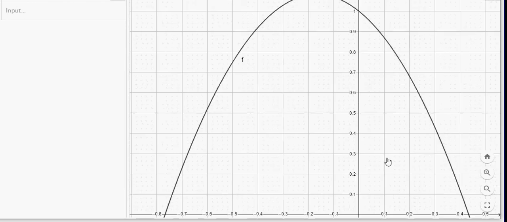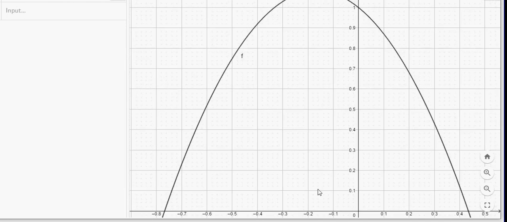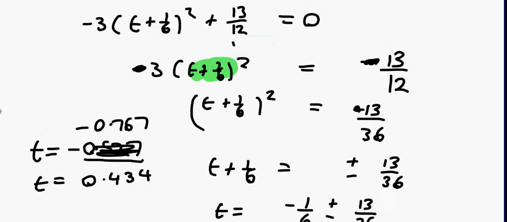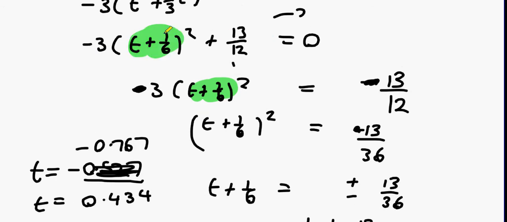Now, what's minus 1/6 in fraction mode? Because if you look at my equation here, what makes it 0? What makes it a minimum? Oh, sorry, it's all the way up here. What will make that a minimum? T equals minus 1/6, which is point, and put 1/6 into the calculator.